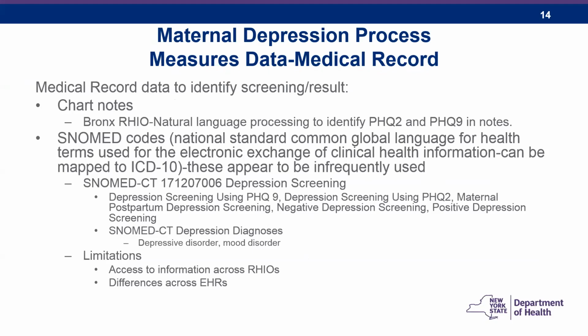Of course, medical record data is really the most robust if you can get to it, but it's somewhat difficult to extract screening and result data from even electronic medical records.